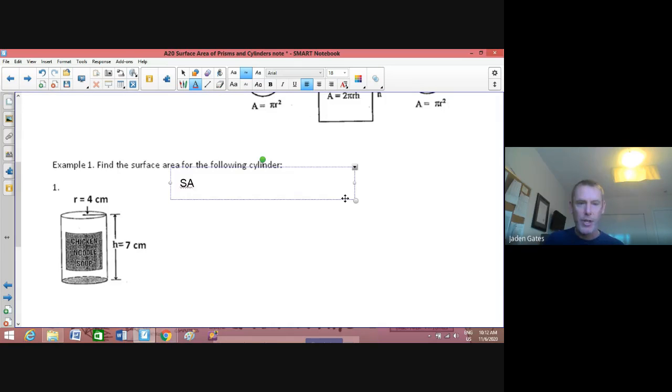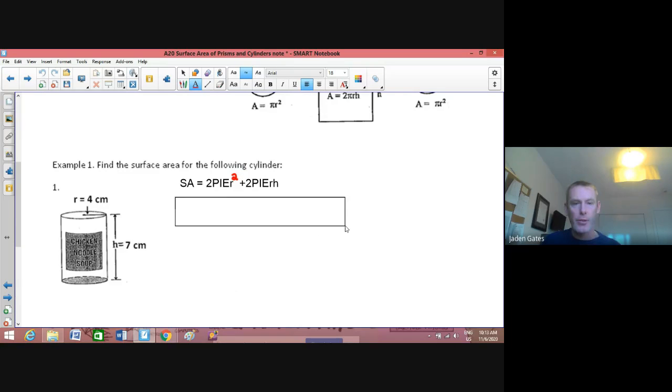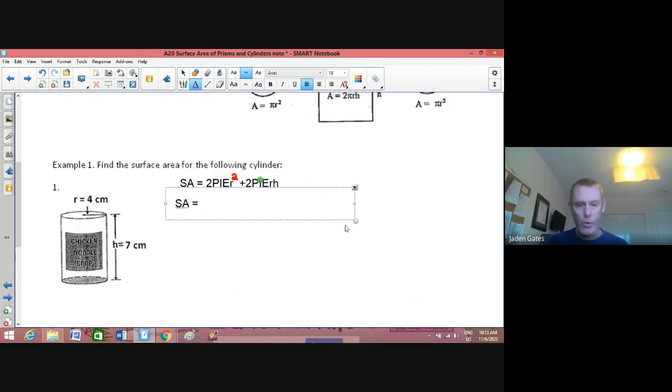So there's my formula I'm going to substitute into. Again, my surface area is equal to 2 pi r squared plus 2 pi r h. And I don't want to mess up my exponent, so we'll make sure we put it in there. Now I'm going to substitute in my values. My surface area is equal to 2 times 3.14, that's my pi, times r, my radius.